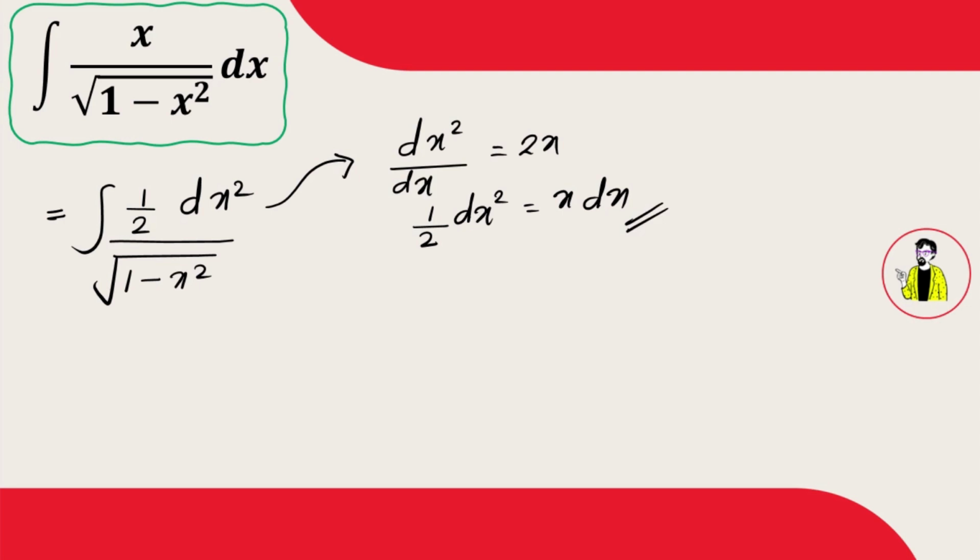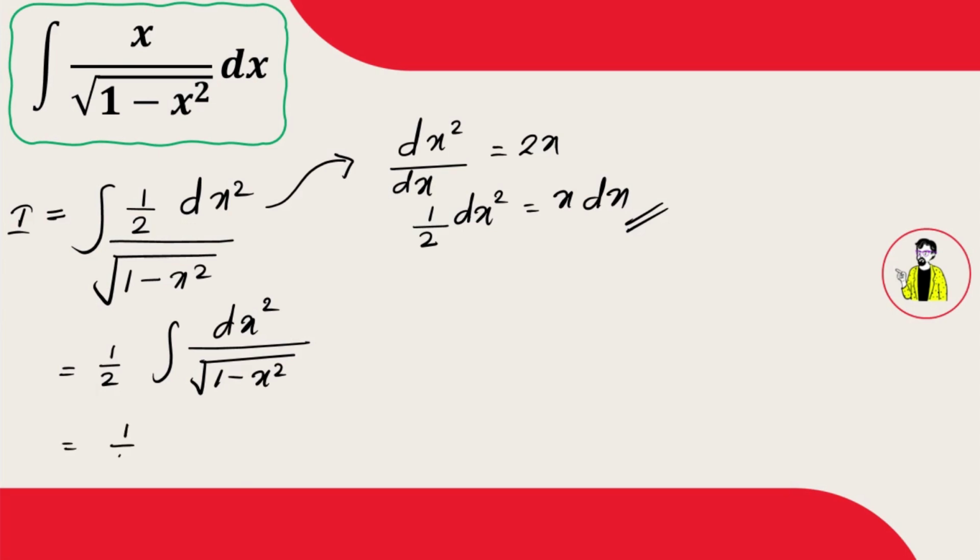So we substitute directly into the integral. So this is half d(x squared) over square root 1 minus x squared. Now our integral variable is x squared. So we can directly write the answer here.